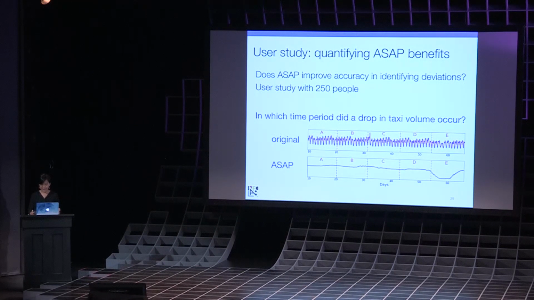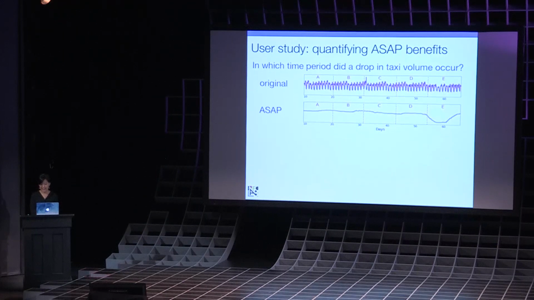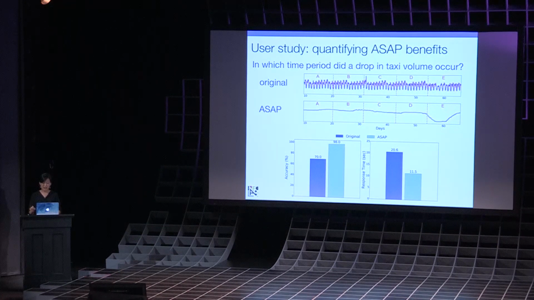And it turns out that for this dataset, if you show users a smooth time series, they can have up to a 28% increase in accuracy and a 44% decrease in response time in correctly identifying this deviation.